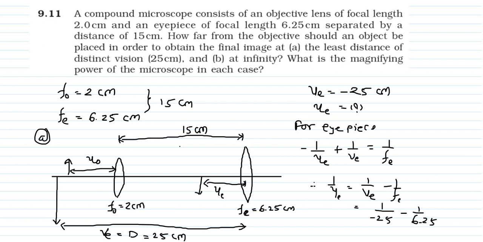So when you solve this, that is UE is equal to -5 centimeter. What is the UE? -5 centimeter. Okay. So distance between two lenses, that is equal to 15 centimeter.